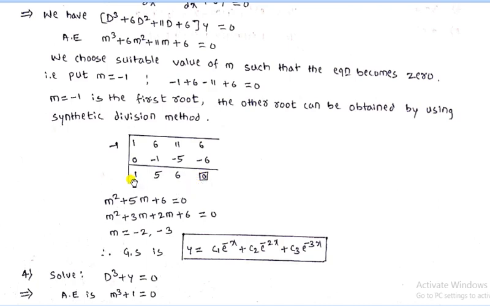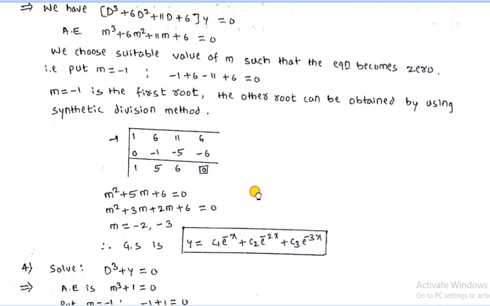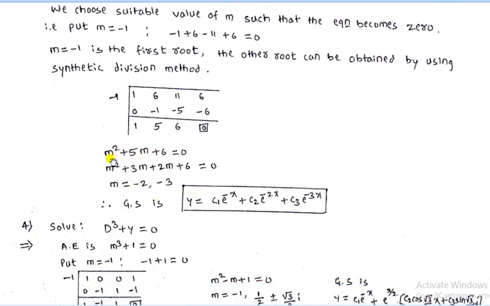So once again we will express these numbers in equation format, m square, m and constant. So m square plus 5m plus 6 equal to 0. This denotes that we have reduced the cubic equation into a quadratic equation. Again with the help of a calculator, you can calculate the roots of the quadratic equation, or otherwise factorize the equation, and we will get the values m equal to minus 2 and minus 3.